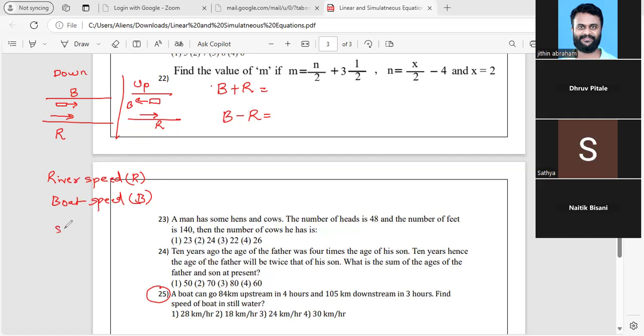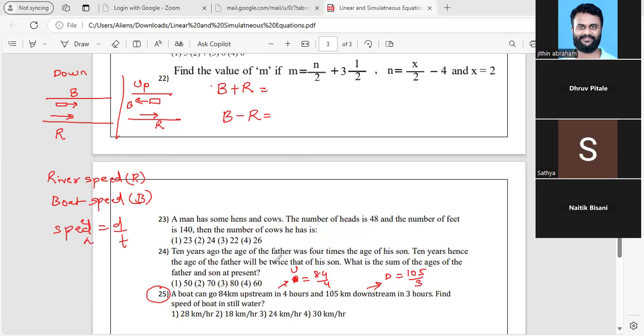Anyway, in this case, how can we calculate speed? Everywhere, speed has only one formula: distance upon time. I hope you know that. Now, in case of upstream, the speed is 84 divided by 4. And in case of downstream, you have 105 divided by 3. Okay.